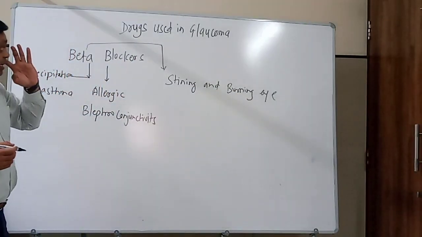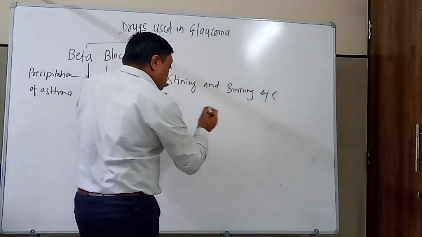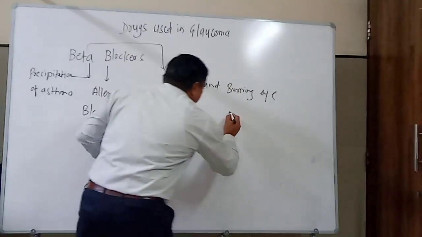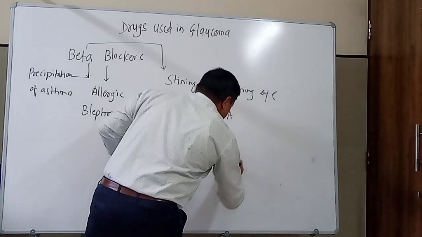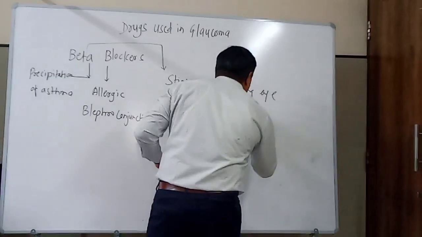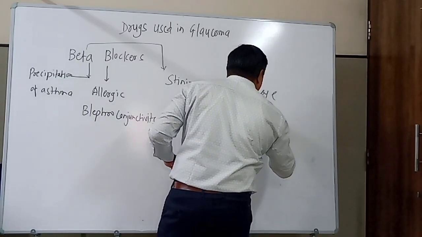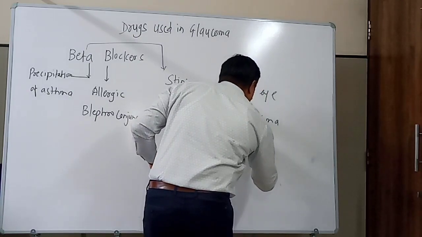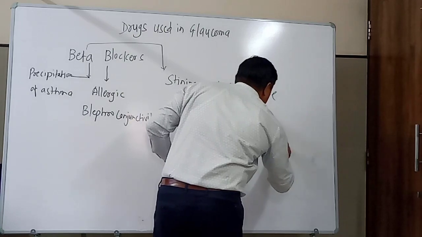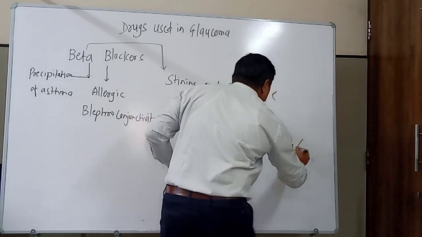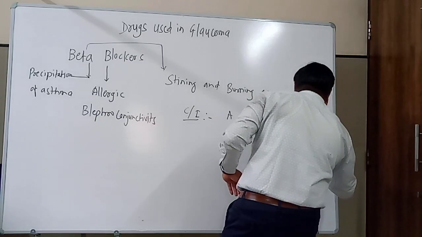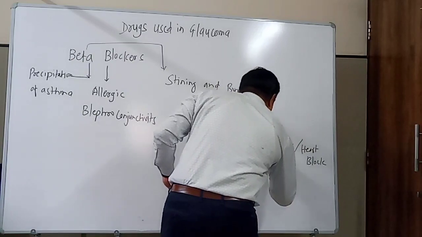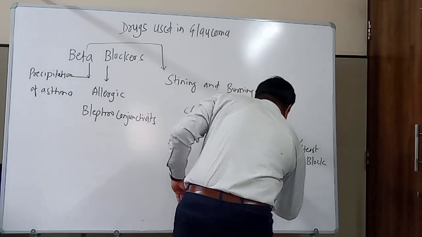Non-selective beta blockers are contraindicated. For the contraindications of non-selective beta blockers, just remember A, B, C, D. A for asthma, B for bradycardia or heart block, C for CCF, D for diabetes mellitus.